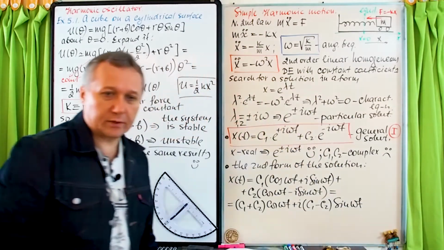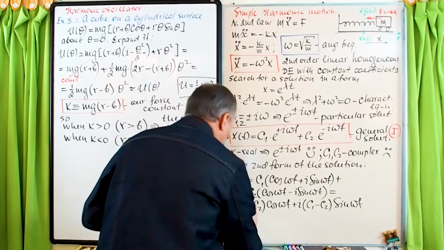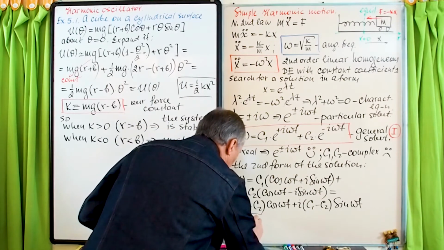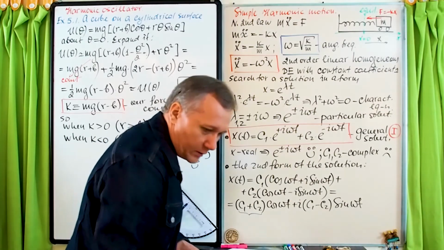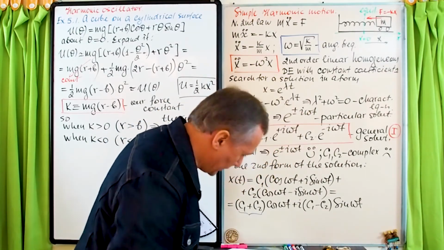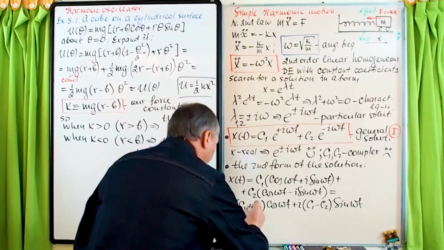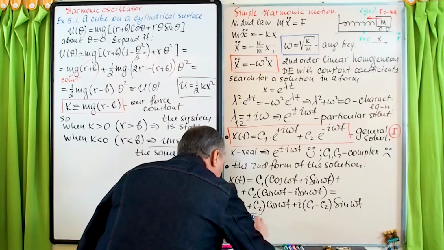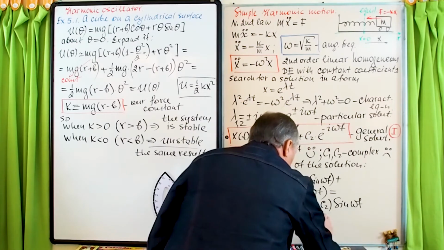Now we can redefine constants. I think I used B; let me check which constant I used in my notes. Yes, B1 and B2. So that is B1, and that will be my B2.